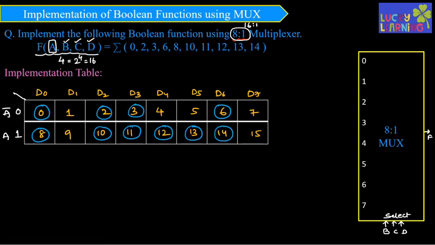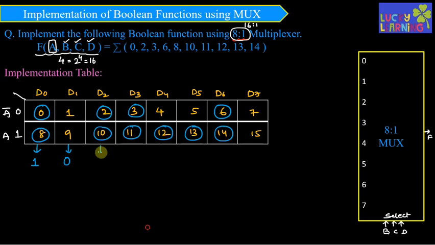So 0, 2, 3, 6, 8, 10, 11, 12, 13, 14 are circled. Now derive the data inputs. Here both 0 and 8 are circled, which represents logic 1. And 1 and 9 are not circled, so it is represented with logic 0.